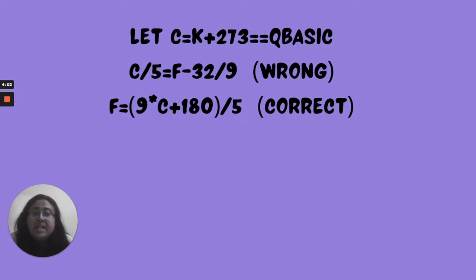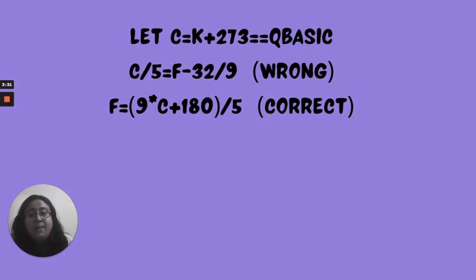K is the input that we will ask from the user, and C is the output that, after the calculation, after the conversion of the temperature, we will display as the result. So be it QBasic, be it Python, understanding the input and understanding the output when you have the question in your exam is very important.